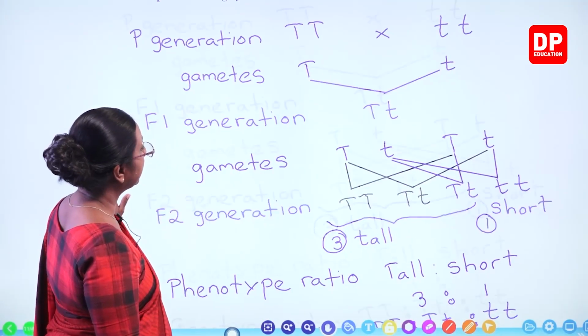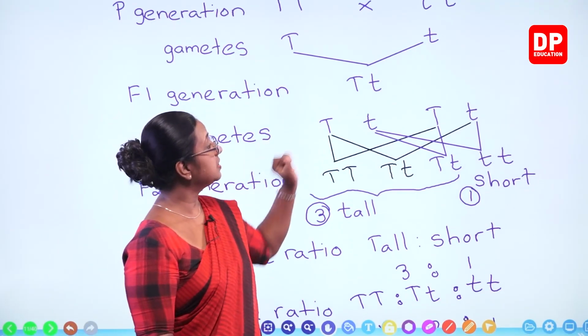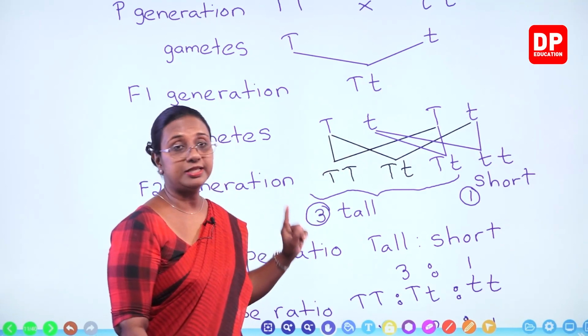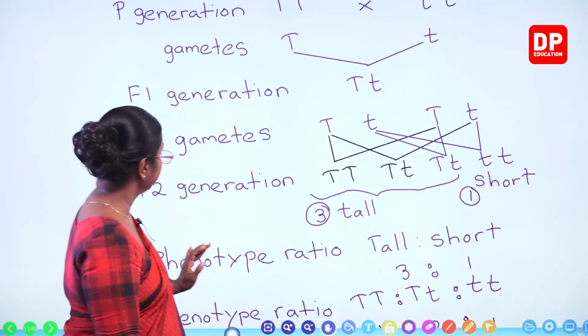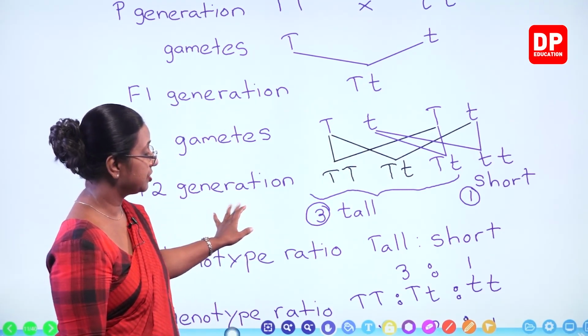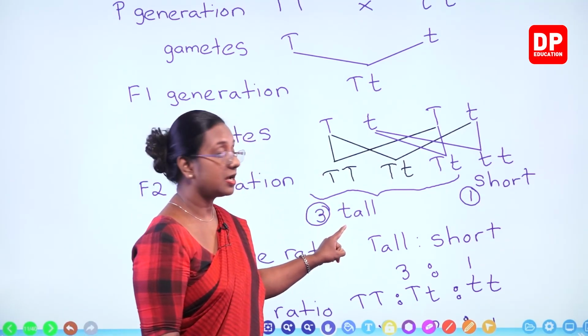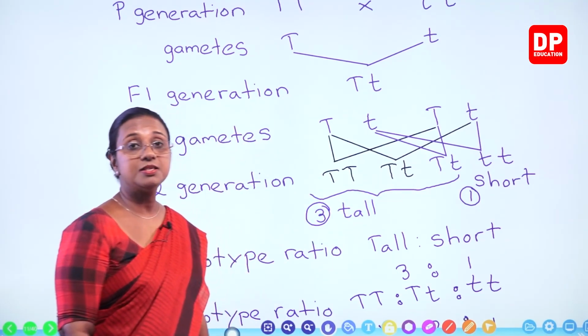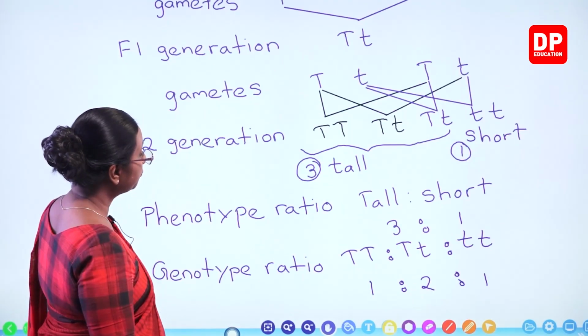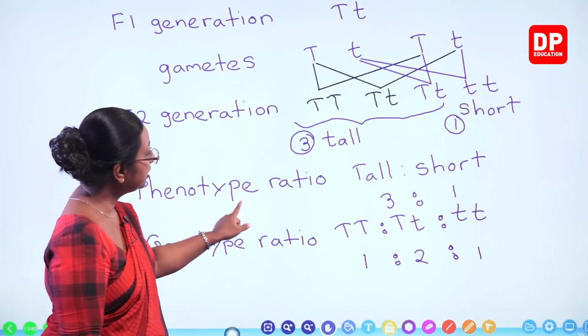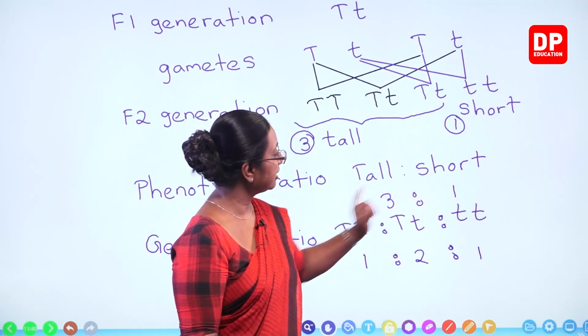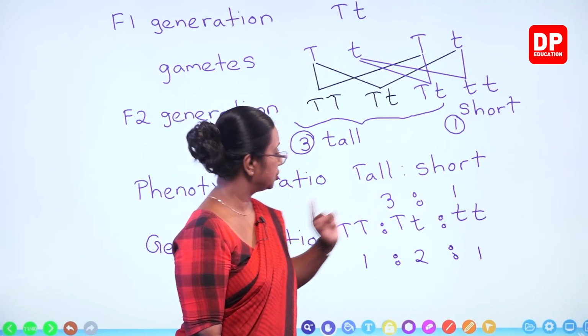So if we get the gametes from the first generation, tall and short gametes, and when they combine, you get the F2 generation where 3 plants are tall, only 1 plant is short. So from that, we get the phenotype ratio, that is the character that is expressed, tall and short.